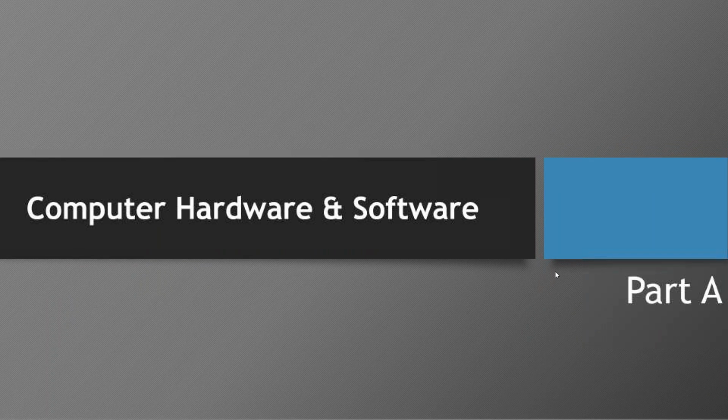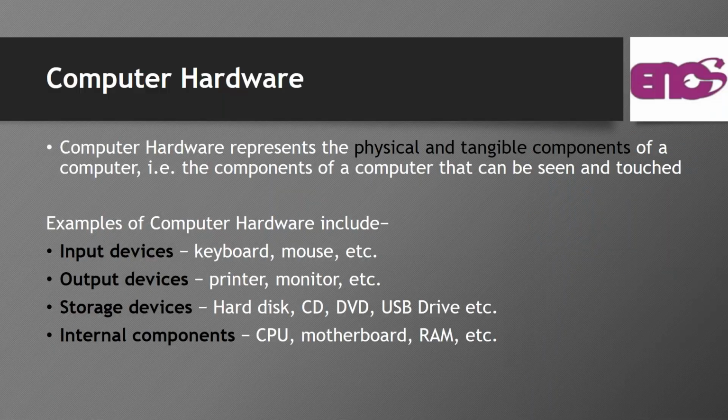Now, some of you are new to IT. Some of you are actually IT professionals. Irrespective of whichever side of the coin you fall, whether you're a professional or not in terms of computer or IT, there's one basic concept of computer science, which is that a computer constitutes hardware and software.